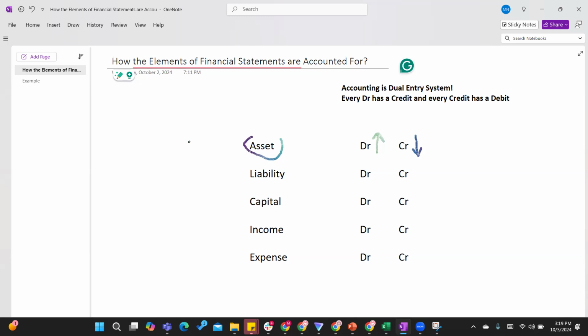That's going to be my asset, and that would be my non-current asset. I've already talked about the types of assets and liabilities. So anything heavy and expensive that we buy goes to the asset category.